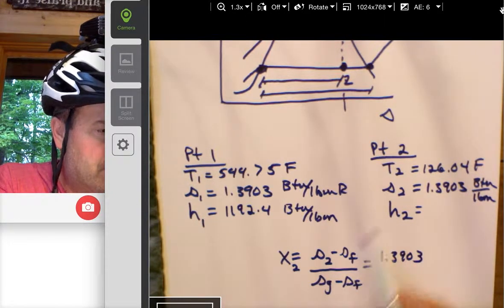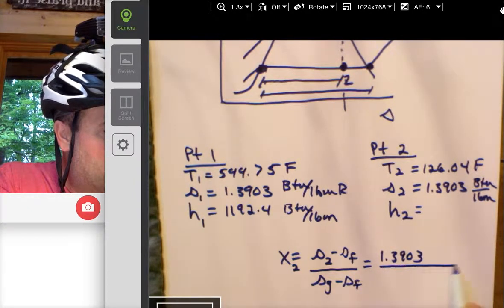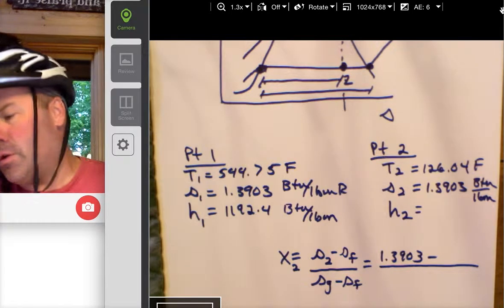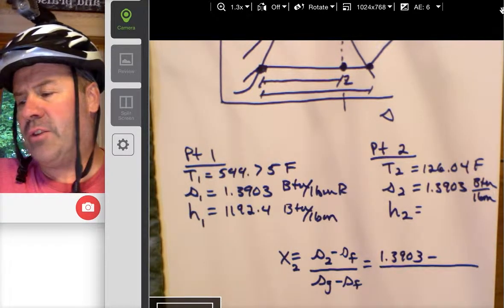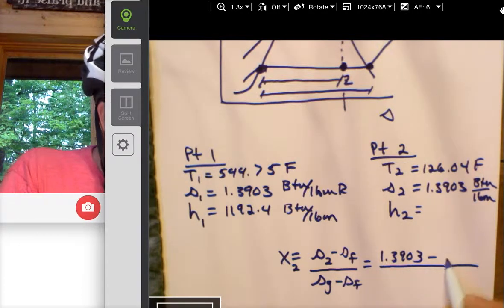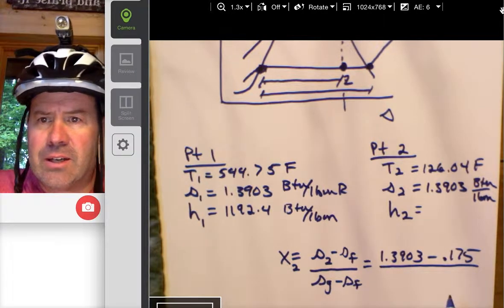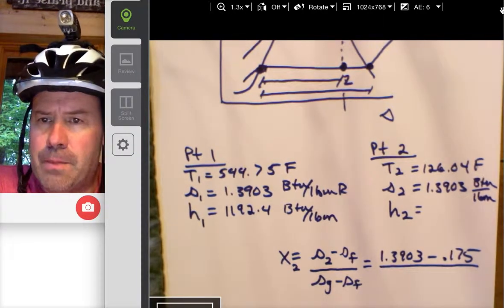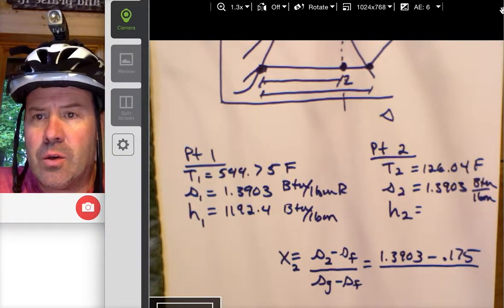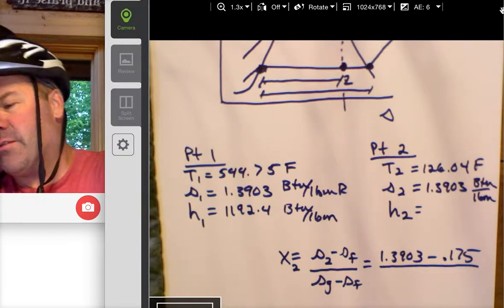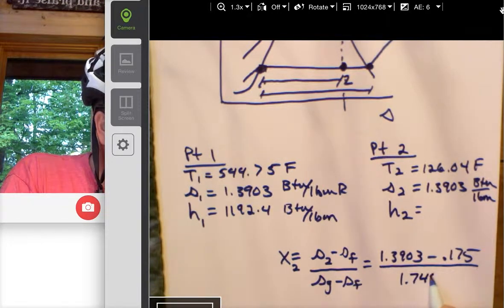1.3903 from above minus, from the table, entropy sub F is 0.175, over SG minus SF. Those are both in the table, but so is SFG, which is that subtraction already done for us. So 1.7448.